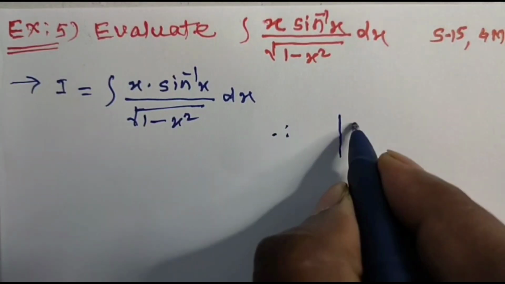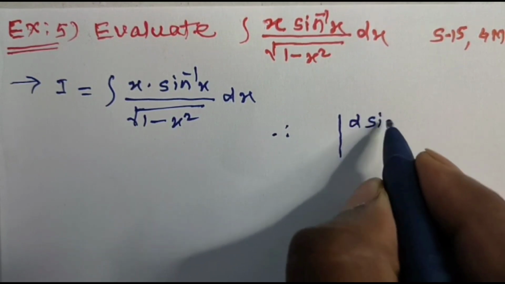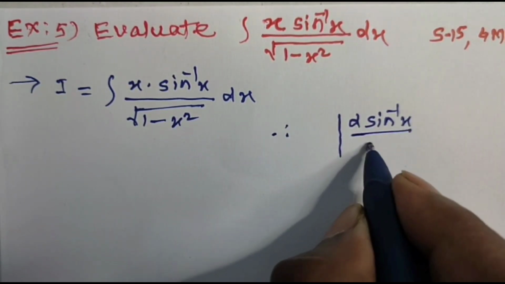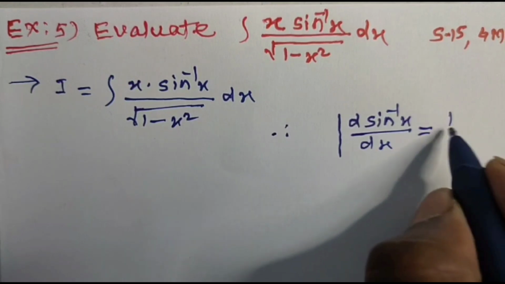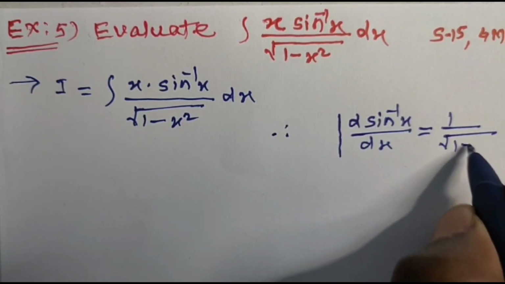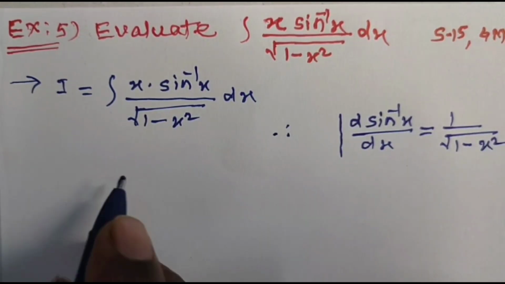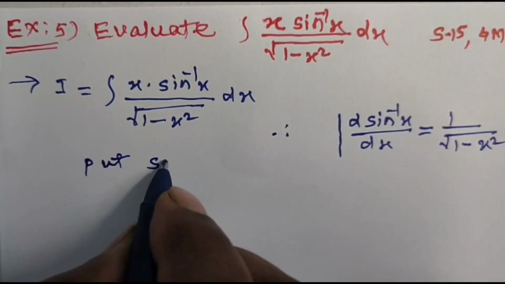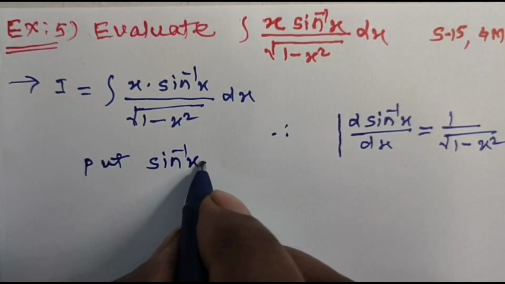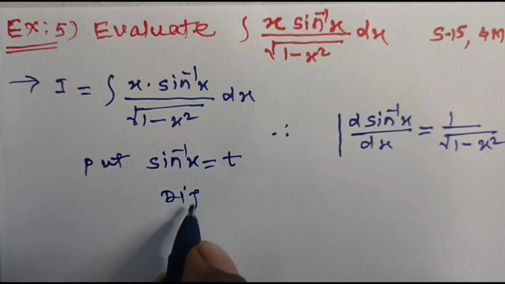Since the derivative of sine inverse x with respect to x is equal to 1 upon square root of 1 minus x square, substitute sine inverse x is equal to t. Differentiate on both sides.